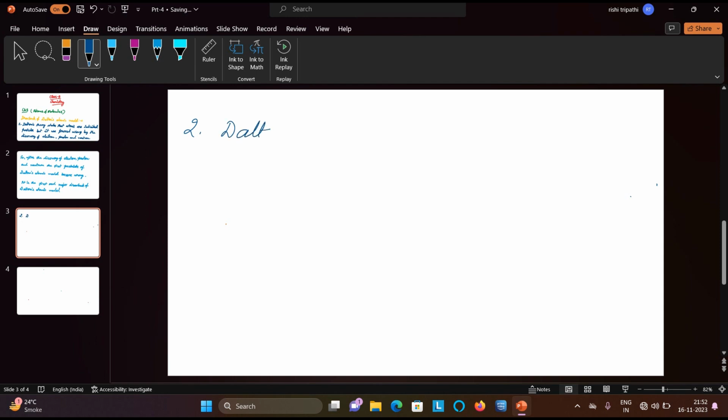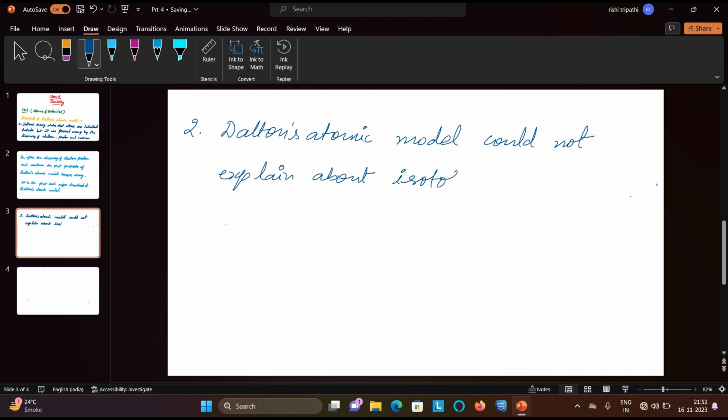Dalton's atomic model could not explain isotopes and isobars. Meaning that about isotopes and isobars, Dalton's atomic model wasn't able to explain.